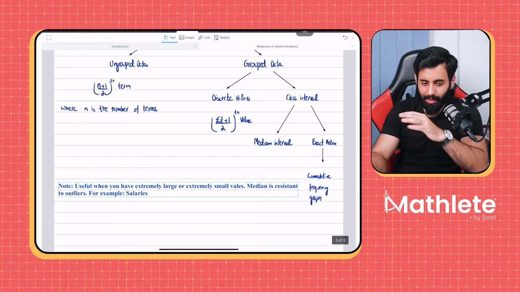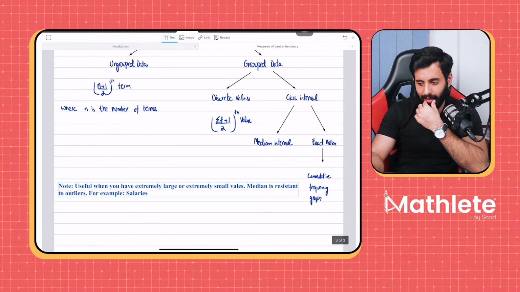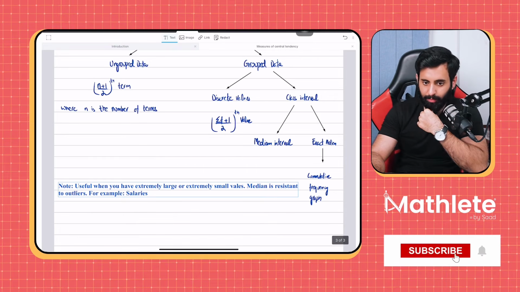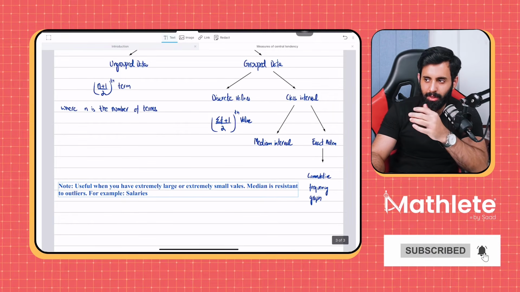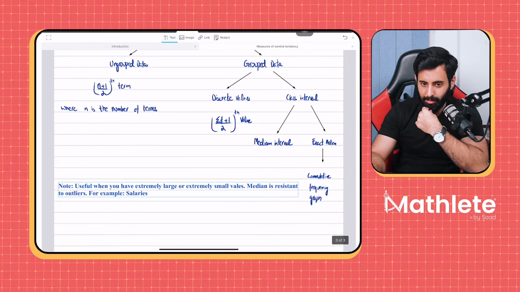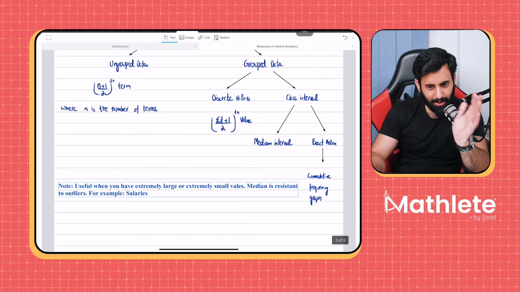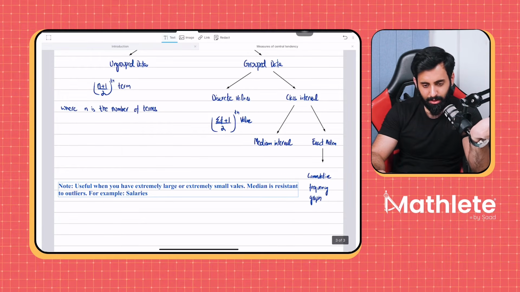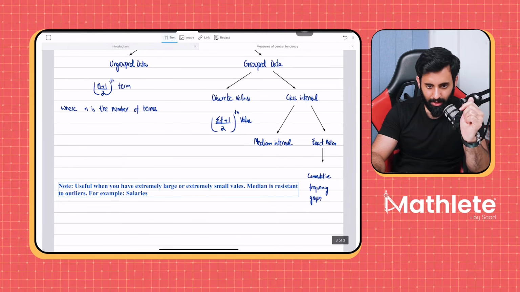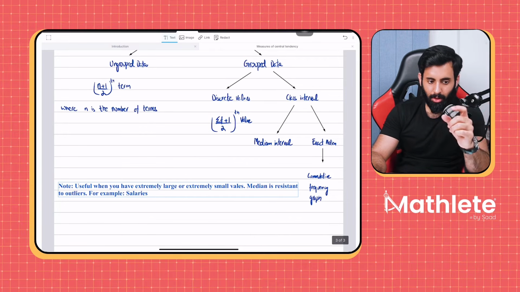Let's say that there is an extremely difficult test in which everyone has scored around 50 to 60%. But let's say there is some genius who has managed to score 100%. Now let's say we're calculating the average score of that class. What will be the impact of that 100% on the mean?